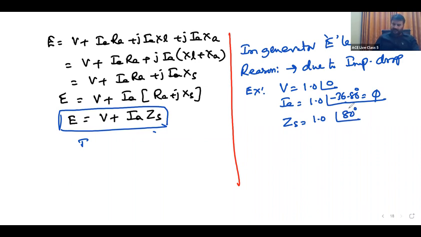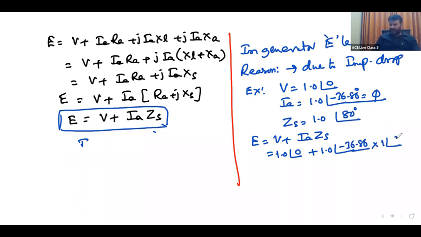Right? Now what is E? E is equal to V plus IA ZS, that is 1 at an angle 0 plus IA, which is 1 at an angle minus 36.86, into ZS, 1 at an angle 80 degrees.